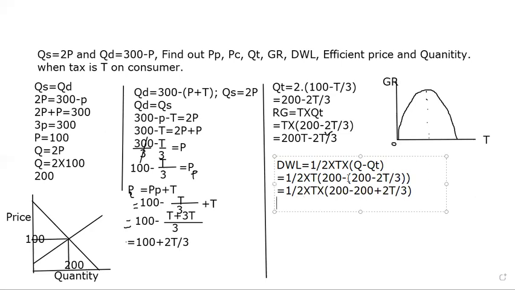These two items can be deducted, 200 and 200 plus minus minus 0. Right now we'll have 2t by 3.